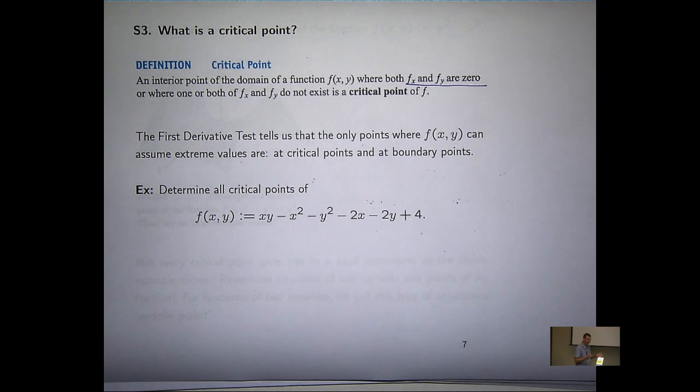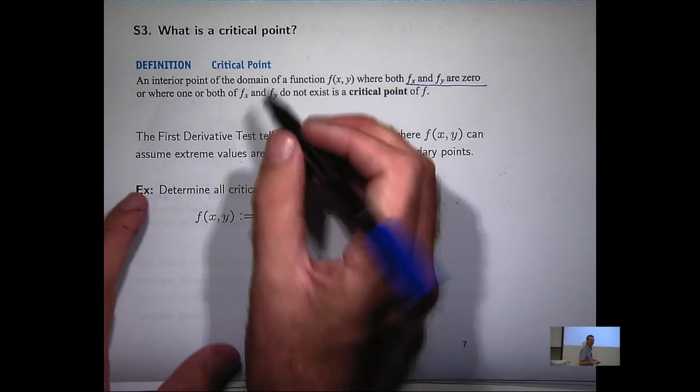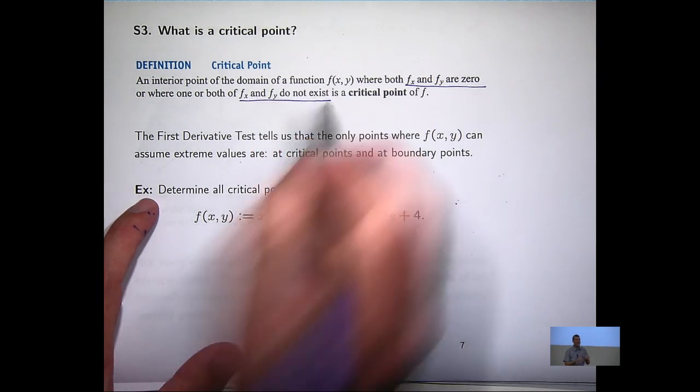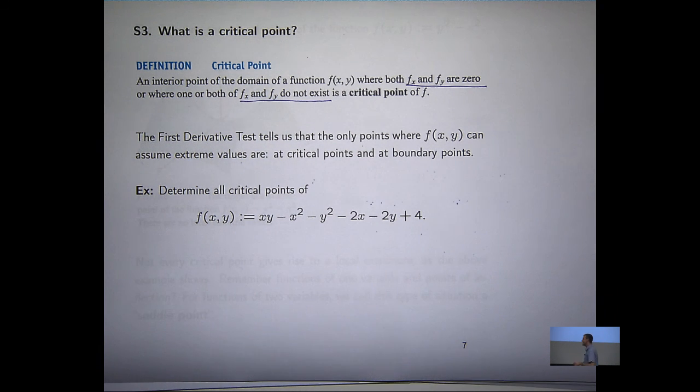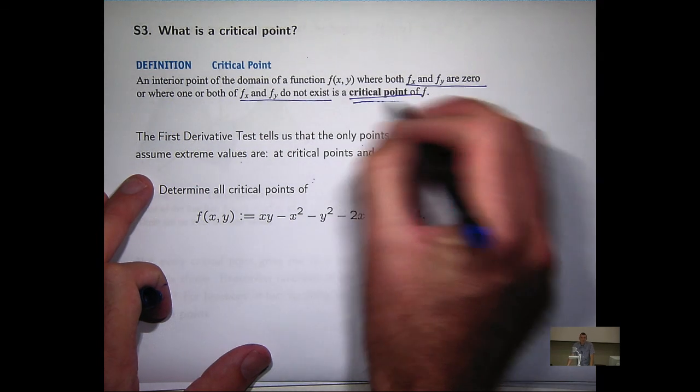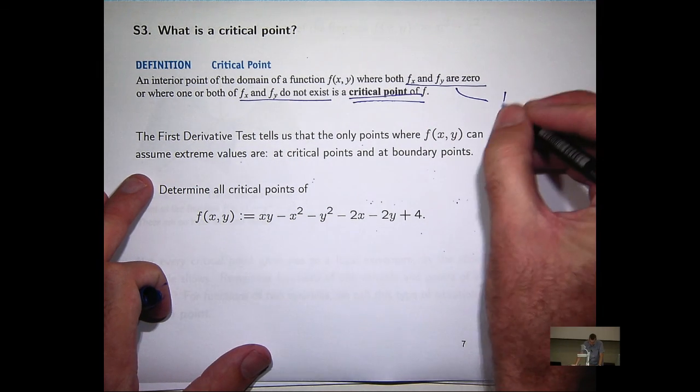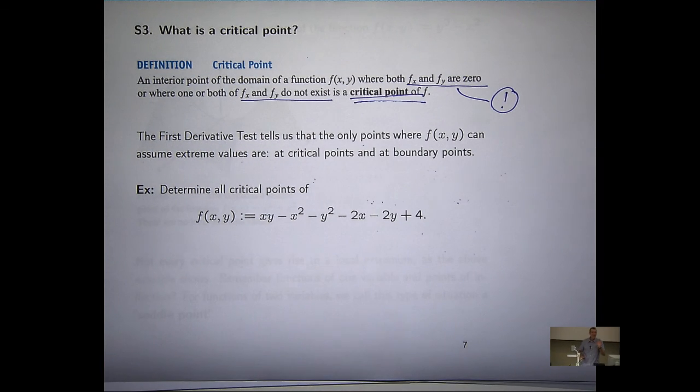The two first partials are 0, or the two partials don't exist. Under either of those assumptions, we call the interior point a critical point. Now, I've got to say, this is the important one for our study. Okay, that situation is important for us.